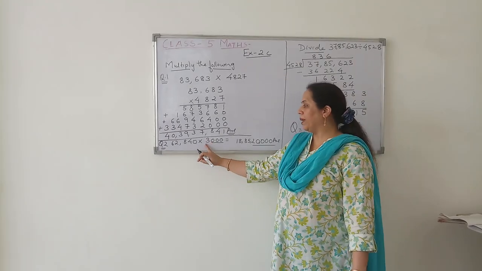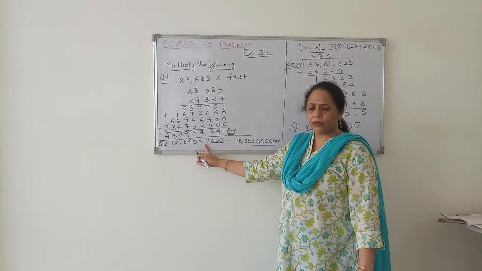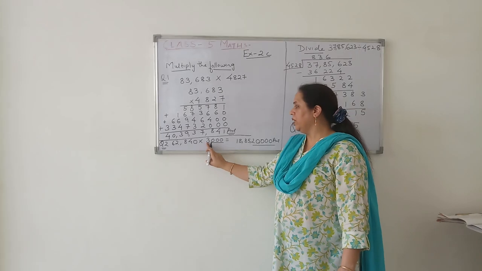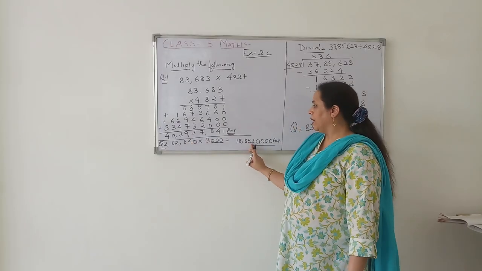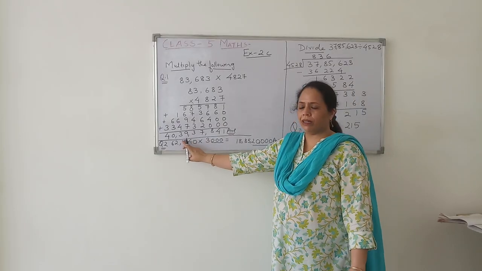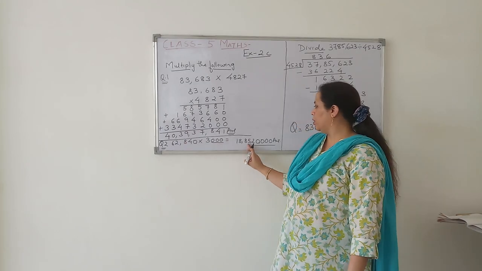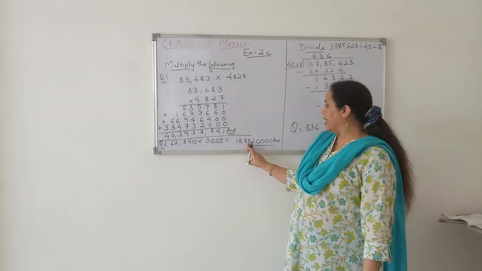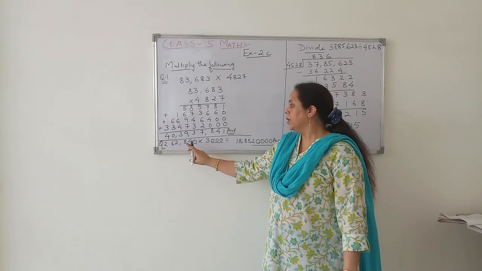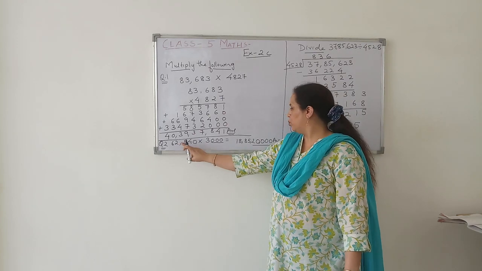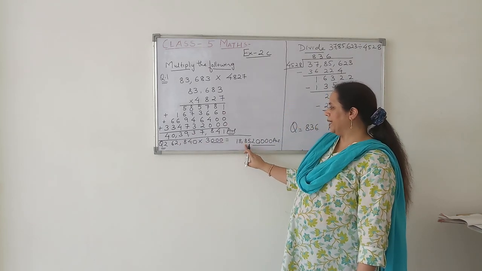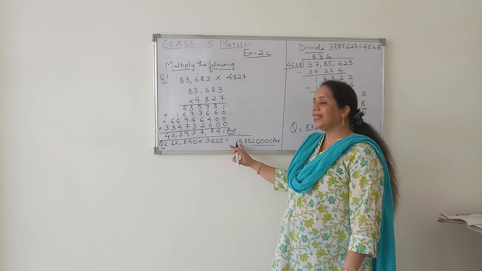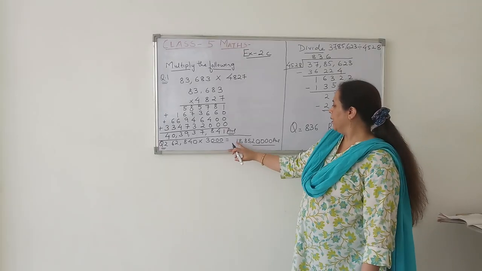Then we will multiply by 3. We will break the number. 3 4s 12 and 1 will be here. 3 8 24 and you will get 25 here. You will write 5 here and 2 here. Then by 2, 3 2 6 plus 2 8 and then 3 6 18, and you will be getting this answer.